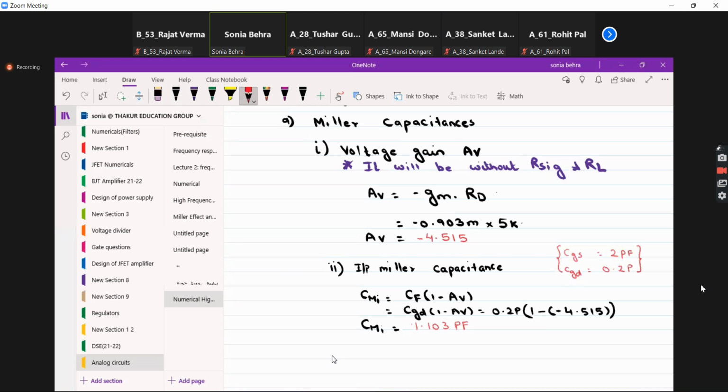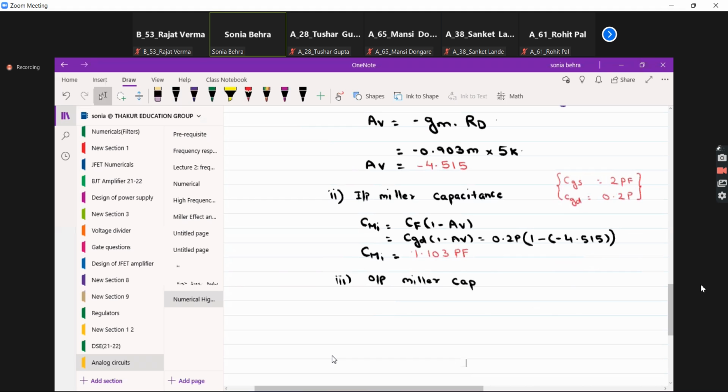Okay. Next step: we found the input Miller capacitance, now find the output Miller capacitance. I hope you all know the formula for it. Just find out CMO.